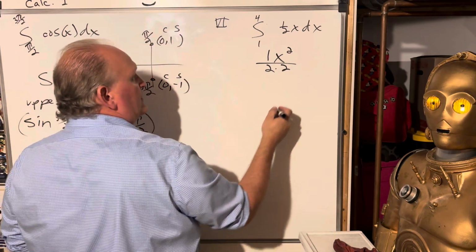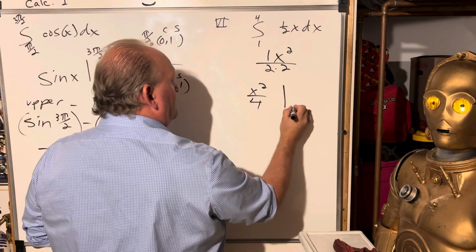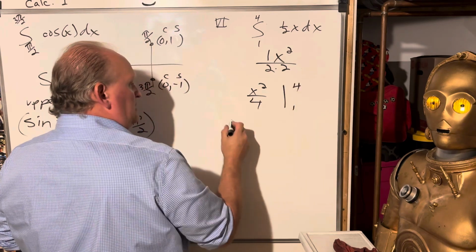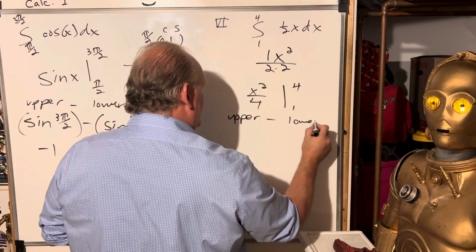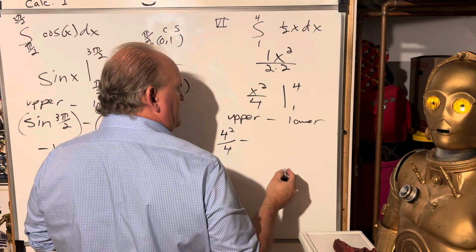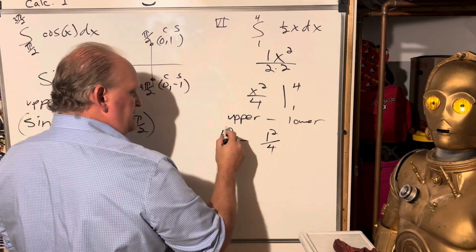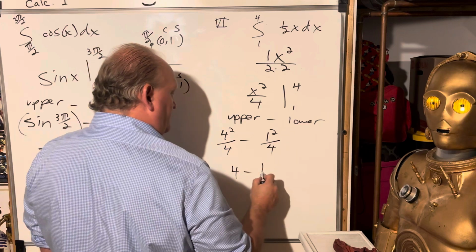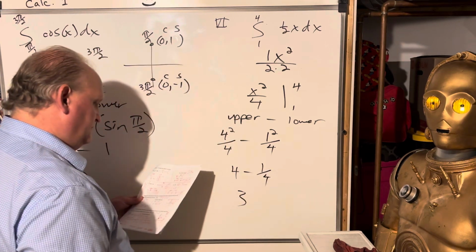So we're doing x squared over 4 from 1 to 4. Definite integral, upper minus lower. And so we've got 4 squared over 4 minus 1 squared over 4. So that is 16/4, or 4, minus 1/4, which is what, 3 3/4?